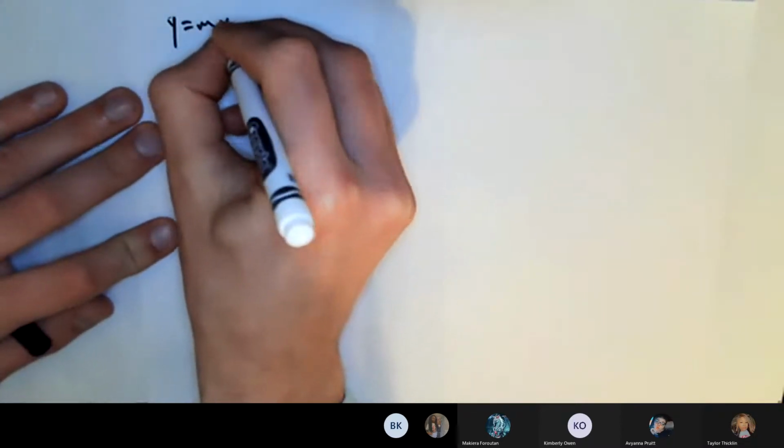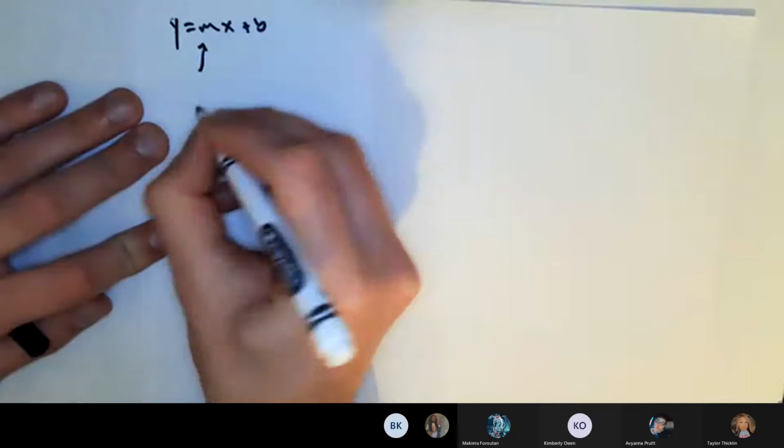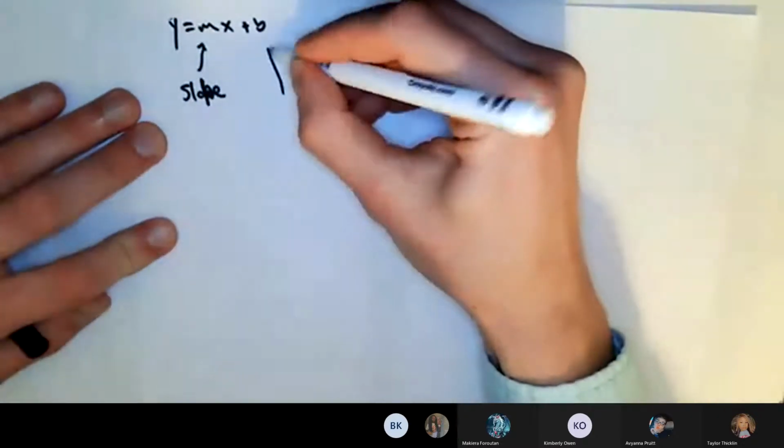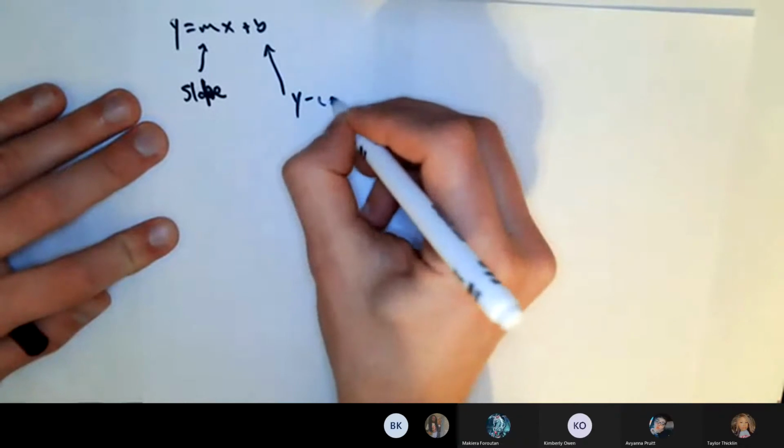So let's just quickly recall y equals mx plus b, where m is the slope and b is the y-coordinate of the y-intercept.